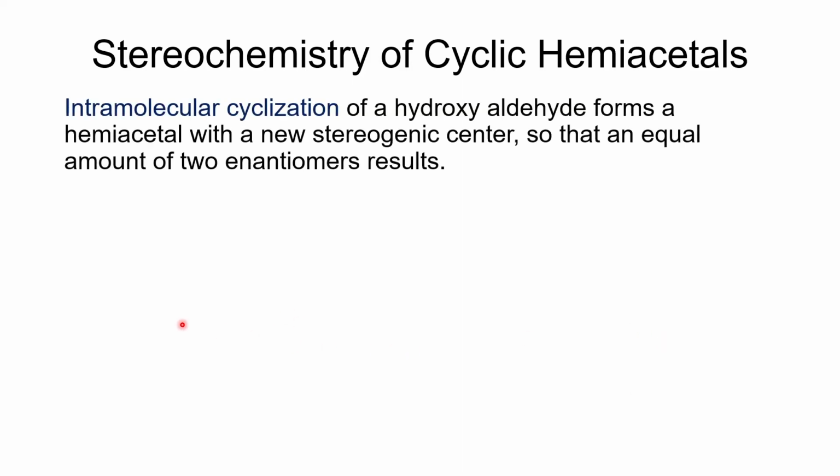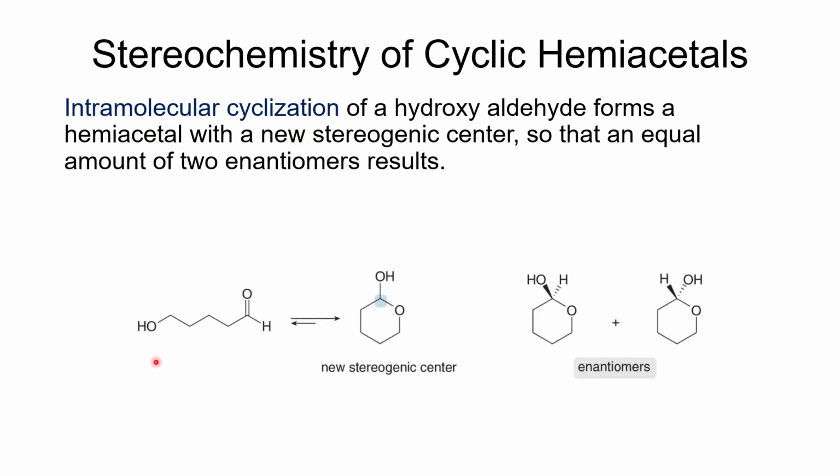Quick word about stereochemistry, and I'll tell you why we mentioned the stereochemistry, because there are a lot of molecules that have stereochemistry when we start doing these cyclic hemiacetals. But let's just mention this real quick. So we can get intramolecular cyclization of this to give our hemiacetal, and you'll notice that we have a new stereogenic center.